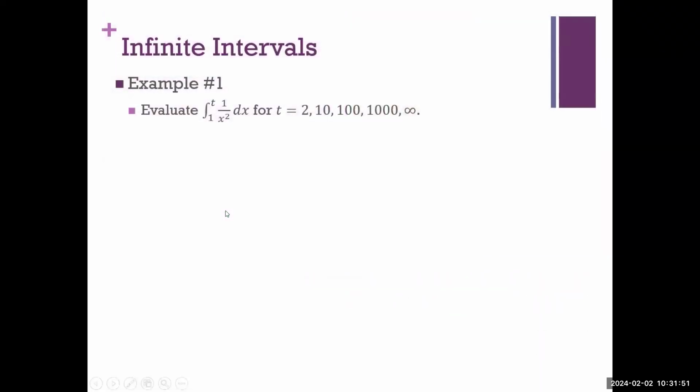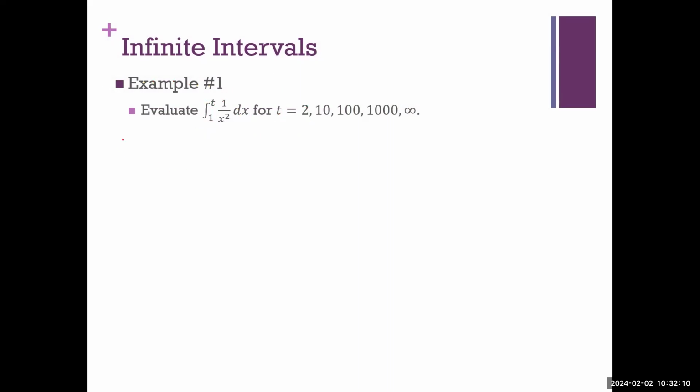I want to evaluate this integral for a lot of different values of t. Basically I want to use the same function and the same lower bound, but I'm going to vary the upper bound.